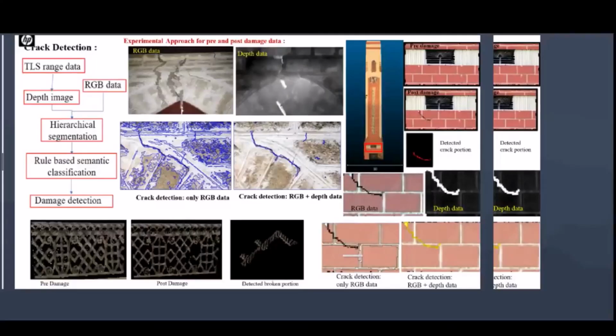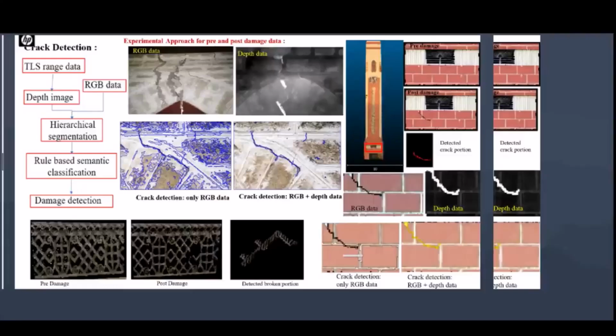Because in the monument, there are various carvings, there are various patterns, and some scriptures also written over there. So lots of things are there. So only the photograph cannot be used for automated crack detection.